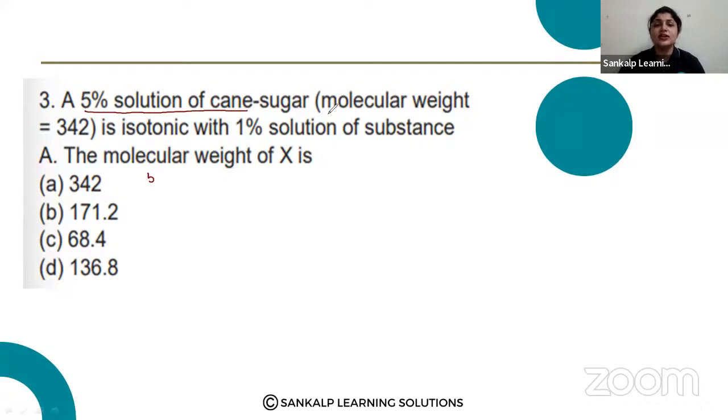One solution, the cane sugar, has a concentration of 5%, and that of the other solution, which is unknown, is 1%. Molecular weight is given for cane sugar. We don't know the molecular weight of the unknown solution. So from this we are going to find it out.